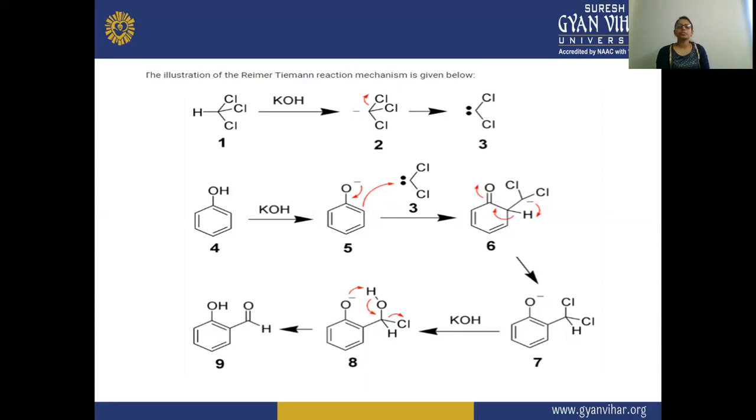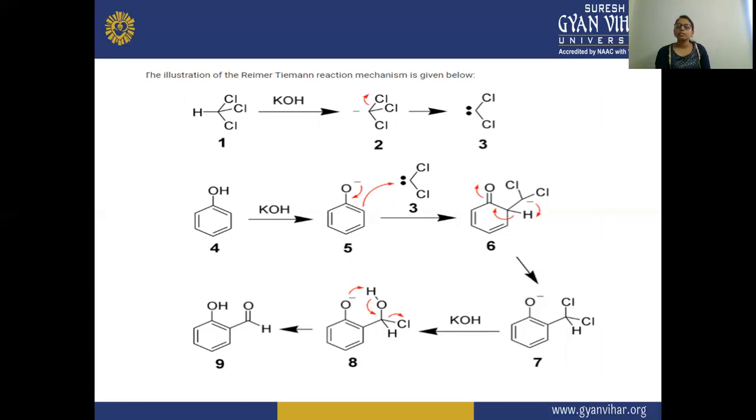The electrons then attach to the second carbon, the ortho carbon of this benzene ring. The hydrogen is removed and the bond is shifted, there is a double bond, and you can see the oxygen is getting the negative charge.